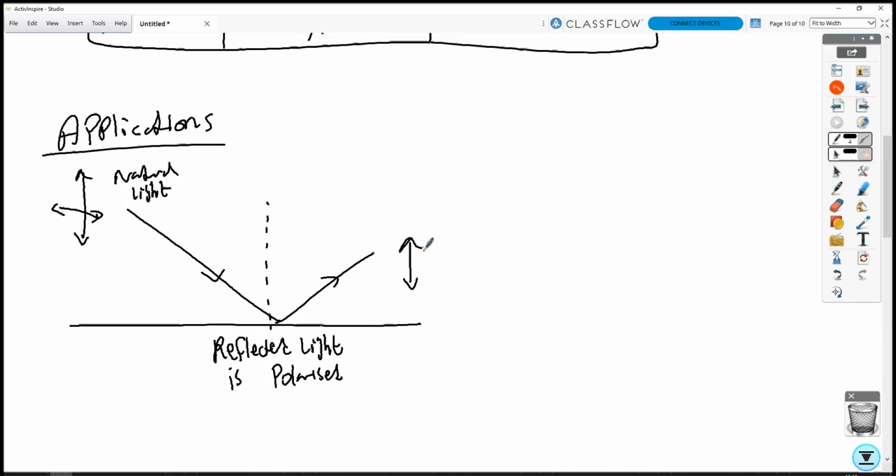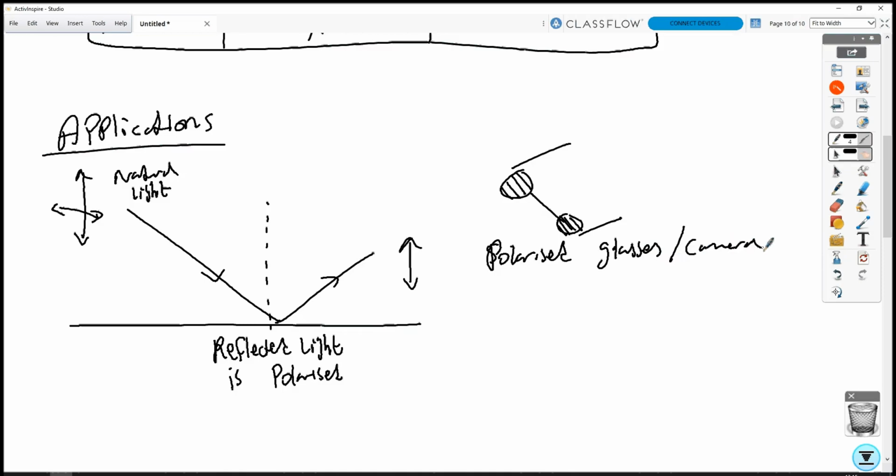So it becomes plane polarized in the vertical direction. Then we can have polarized sunglasses or polarized glasses. Polarized glasses or camera lenses can reduce glare from reflected light.